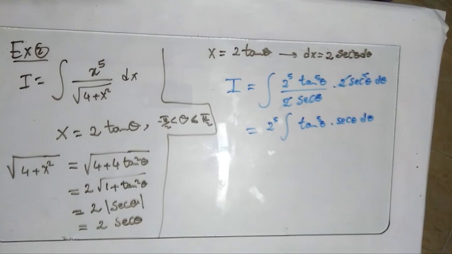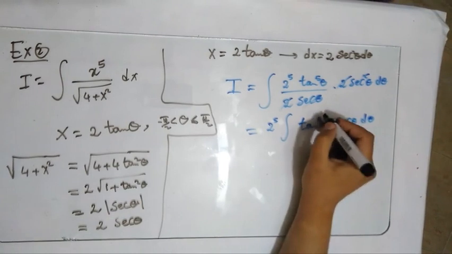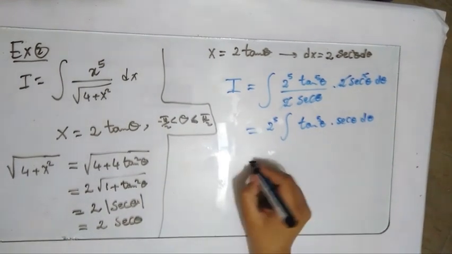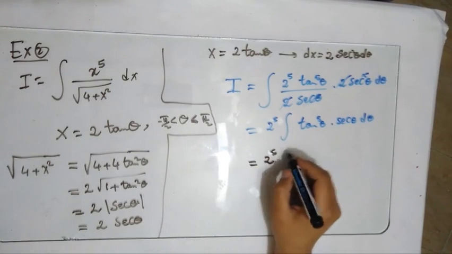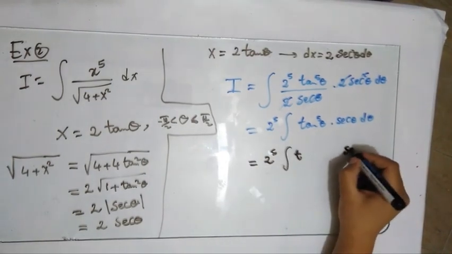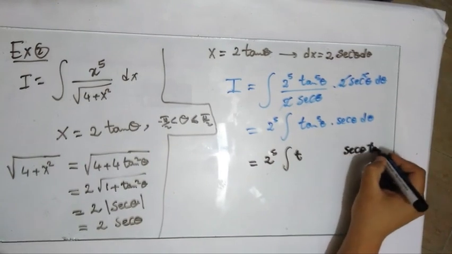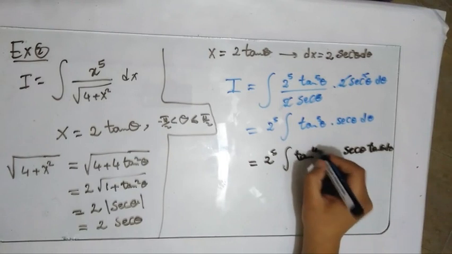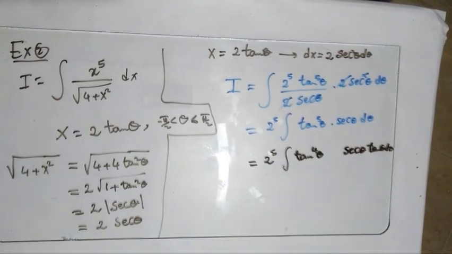Okay, so as we saw in the last section, when the power of the tangent is odd, you can use this trick. You can separate one tan here, so we'll have sec tan, and here you will have tan to the power 4 theta.